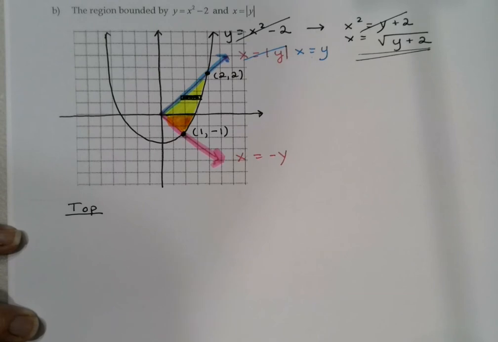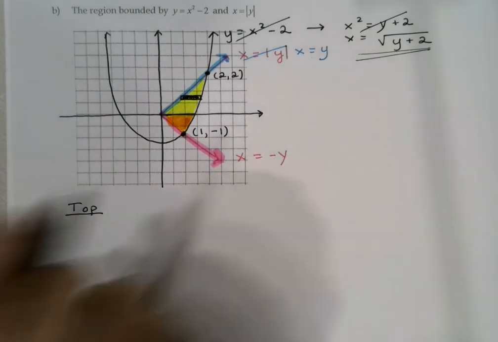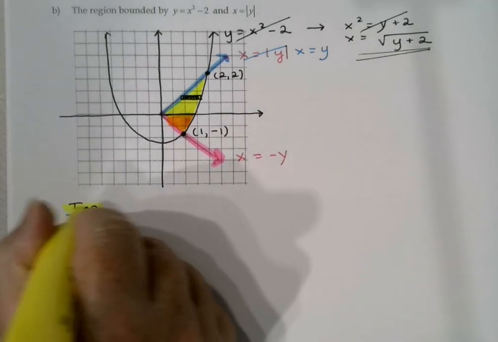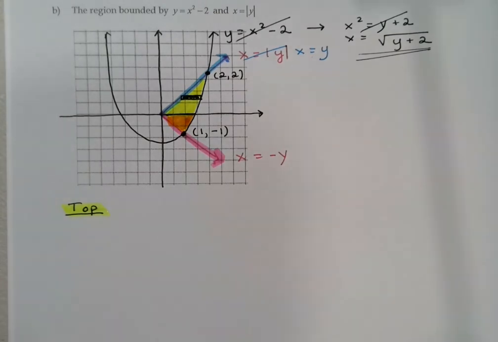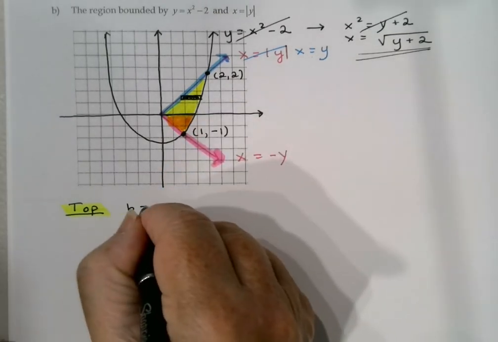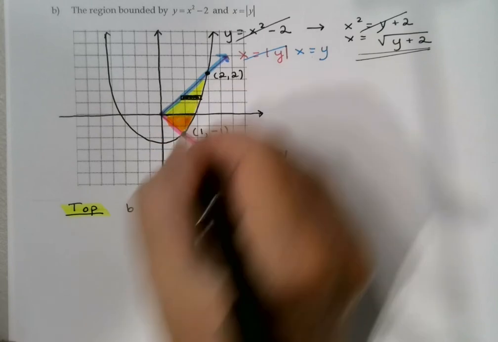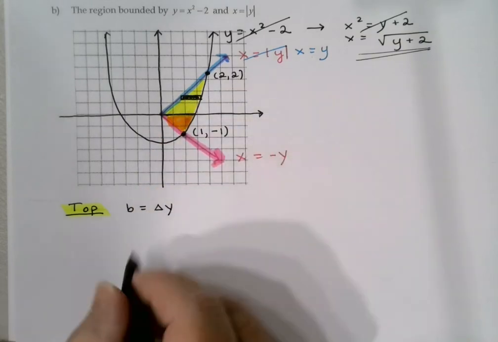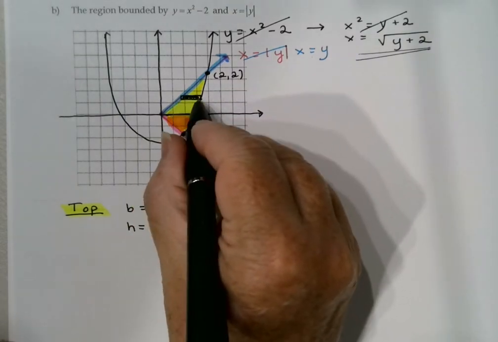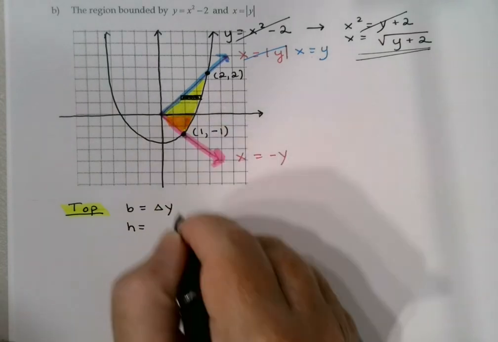All right, on the top, this is the part that we have shaded in yellow. The base of that rectangle is a little piece in the y direction, so I'll call it delta y. And the height is actually the length of the rectangle, so I'm going to go right minus left.